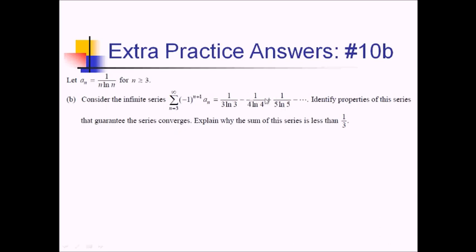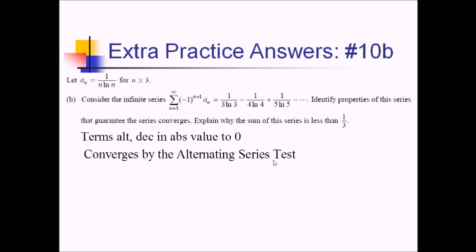That's a big tip-off here. And it's also, if you look at this, the denominator is getting bigger. And if you look at the nth term as n approaches infinity, this is really going to 0. So we're alternating and decreasing in absolute value to 0 for this series, which guarantees that this is going to converge by the alternating series test.